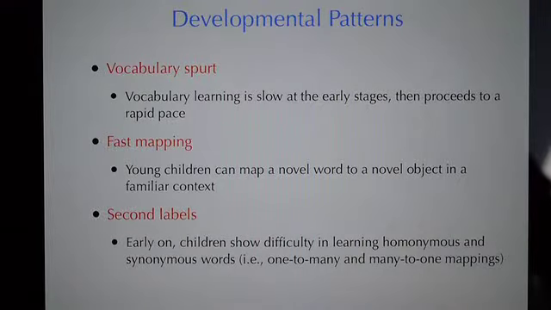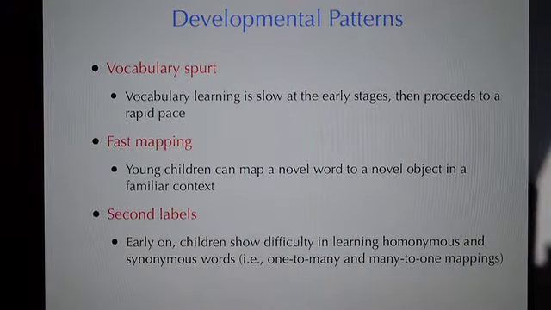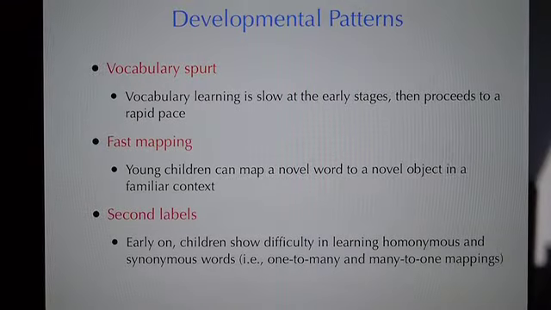Now, one thing that we have to keep in mind is that whatever theoretical account we come up with about how children learn the meanings of words, this not only has to explain how they learn the meanings of words in the presence of noisy data, but also it has to explain the developmental patterns that have been observed in children. There are several developmental patterns that have been studied in children.